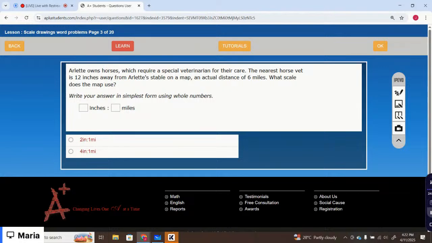The nearest horse vet is 12 inches away from Arnold's stable on a map, an actual distance of 6 miles. What scale does the map use? That is 2 inches to 1 mile. Option number one is the correct option.